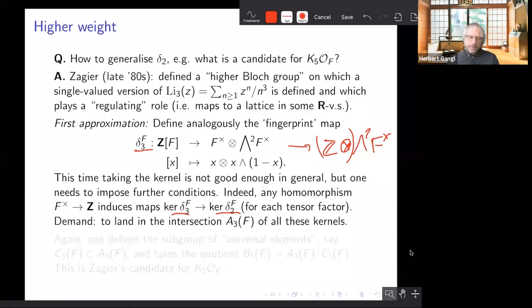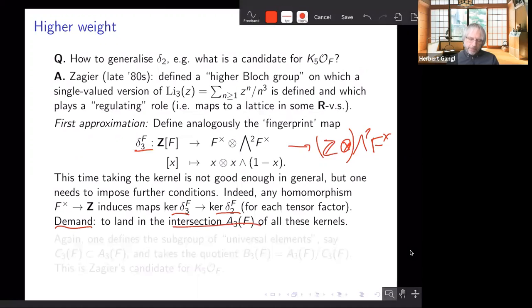So there are still further things to take into account, and the demand was, and this was inspired, as Zagier writes, by Deligne, that you should land in the intersection of all these kernels.